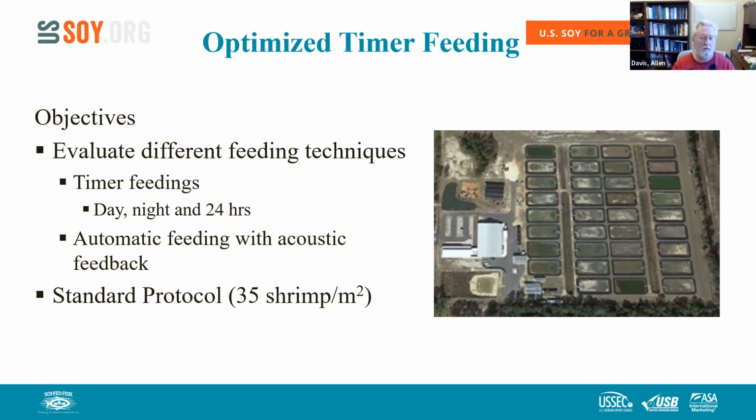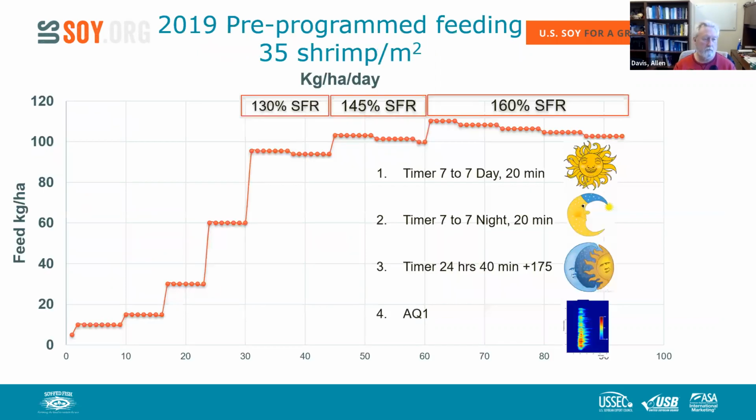This was the next to last experiment that we did. So we had improved our feed management pretty much with automatic feeders as far as I thought we could do it. And what we wanted to do is simply look at day feeding, night feeding, and 24-hour feeding, okay? But we also ran our acoustic. So this was, as I said, our management practices using automatic feeders, and they're feeding every 20 minutes.